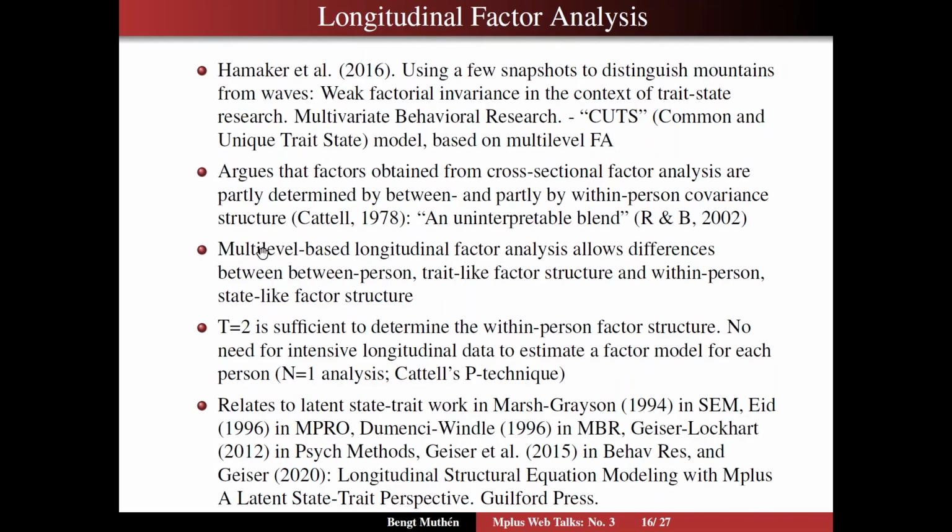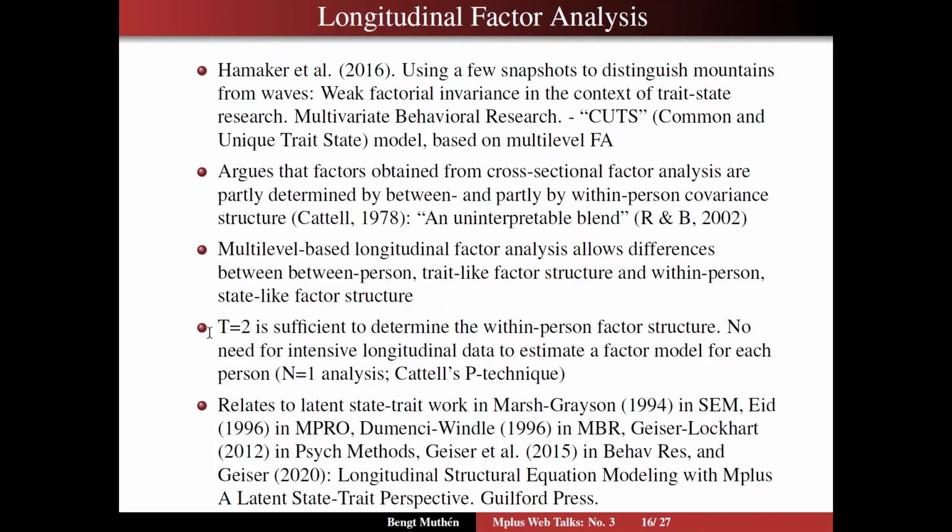Now, multi-level based longitudinal factor analysis allows for these differences between person and trait. There are trait-like factor structures, FB, and within person state-like factor structure, or FW, at the different time points. And it's sufficient actually to have only 2 time points, as in the picture we drew, to determine this within person factor structure.